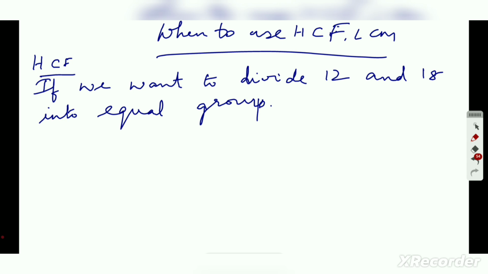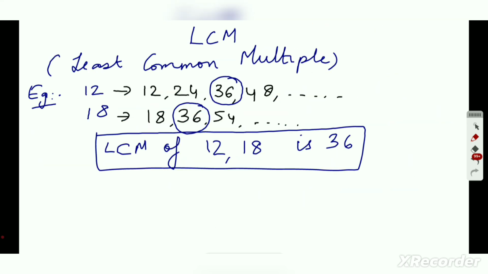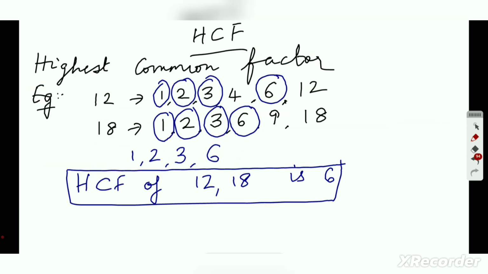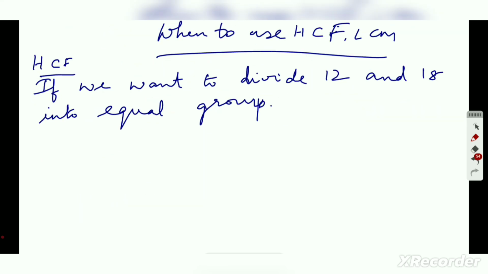What was the HCF of 12 and 18 we have found out? 6. Yes, 6 is the HCF of 12 and 18. So if I want to divide 12 and 18 into equal groups, you have to use the HCF.